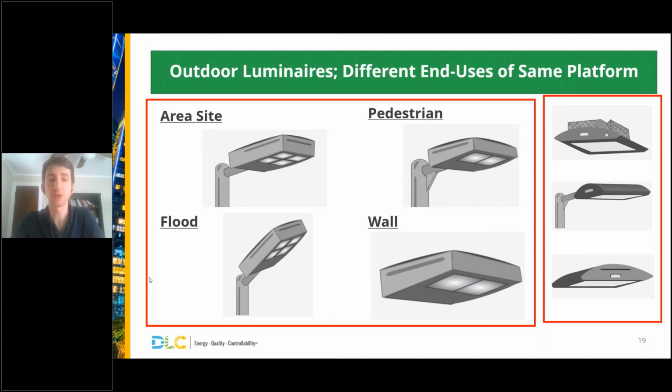However, they have the same general housing shape, and they utilize the same LED modules. So there's a product for an area site, or a pedestrian for a sidewalk, or a floodlight for a higher light output, and also there's a wall-mounted variation. All of those products can be submitted in the same family.